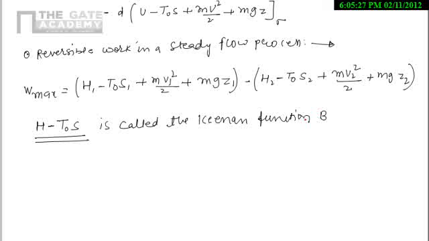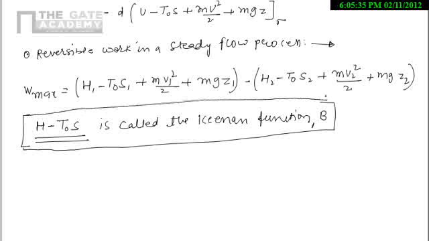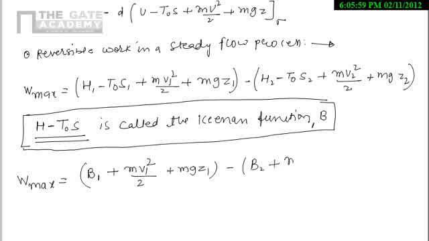Keenan function is represented by B. So H minus T0 S is called the Keenan function and it is represented by B. So now if we put the Keenan function in the above formula, we will get W max equals B1 plus m V1 square by 2 plus m g Z1 minus B2 plus m V2 square by 2 plus m g Z2.